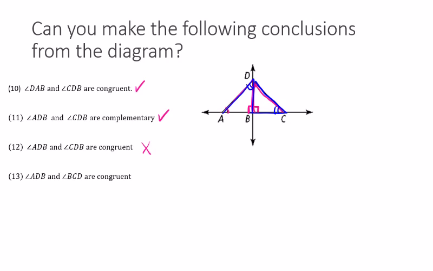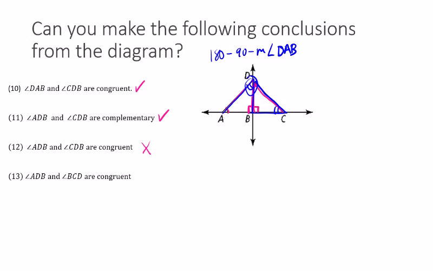Because we know that this angle ADB, if we think about a right triangle, is going to be 180 minus 90, this is 90 degrees, minus the measure of angle DAB.